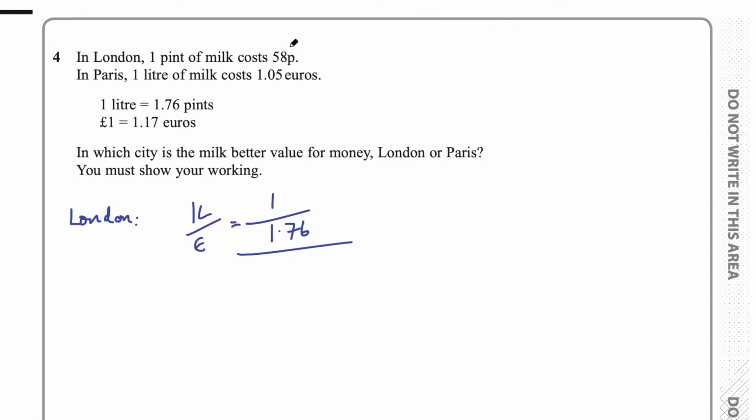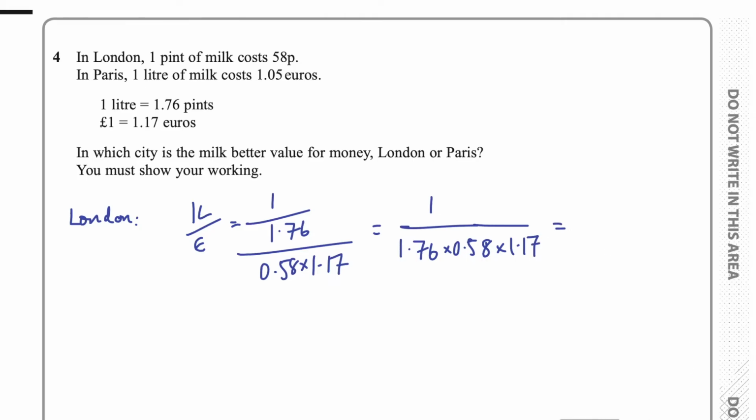And then to change pounds to euros, we need to multiply that by 1.17. So that's going to be 0.58 times 1.17. And then we just need to solve this. So this is going to be 1 over 1.76 multiplied by 0.58 times 1.17.